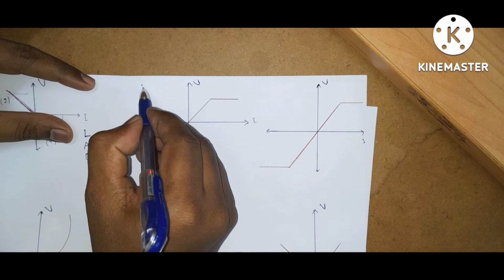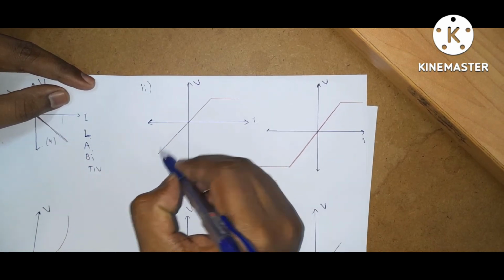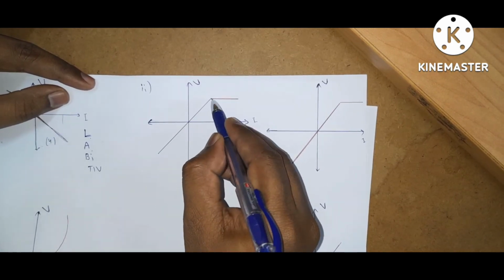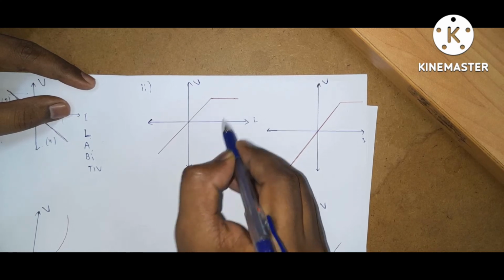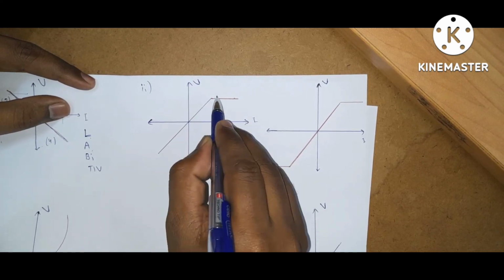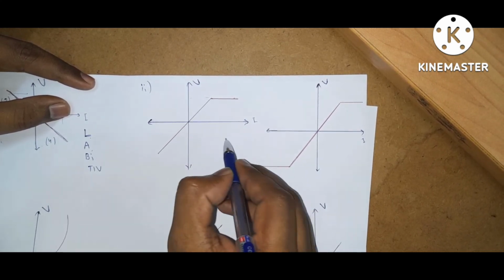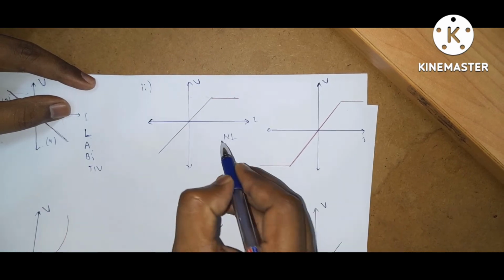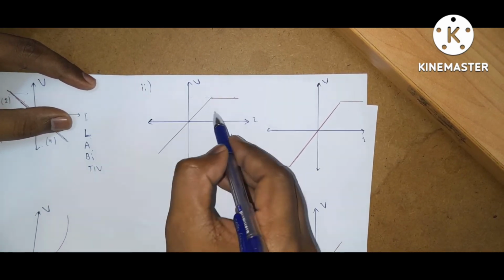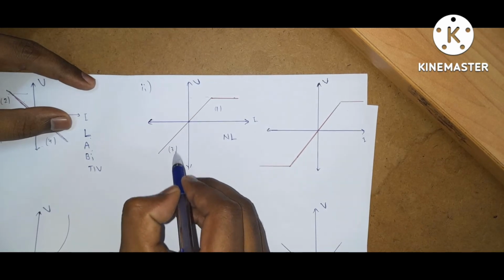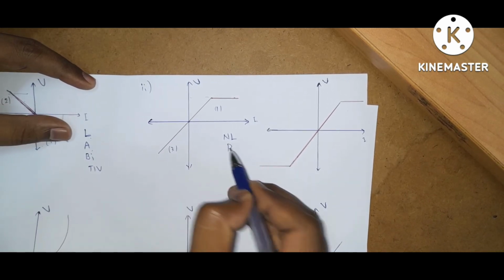Coming to the second graph. From here to here this portion is linear. From here, even though the current is increasing, voltage is constant, so this is non-linear. The graph is present in the first coordinate and third coordinate, so it is a passive element.